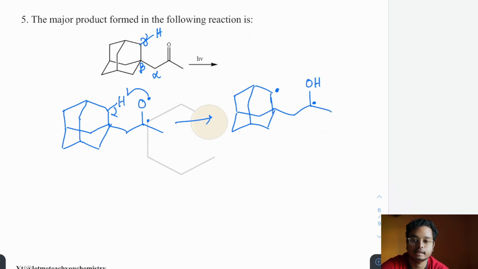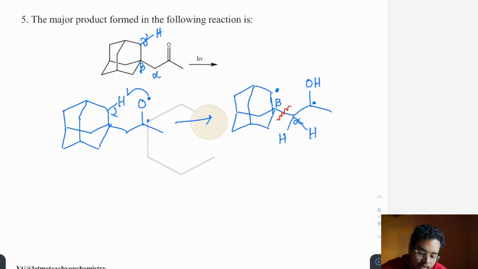Either it will go cyclization or it will go the beta cleavage pathway. So here this will be its alpha carbon. Now this alpha carbon has hydrogen. So ideally it will go via beta bond cleavage. So this is the beta bond. That means this particular bond cleavage will be the ideal solution.